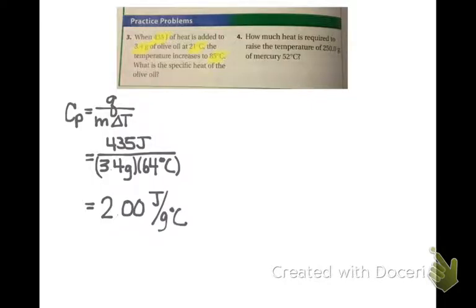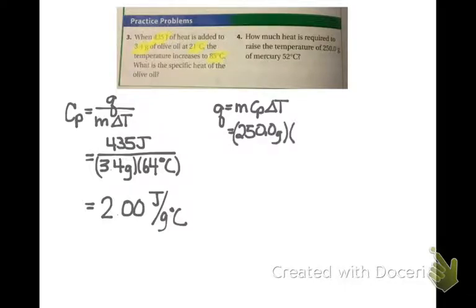Now number 4, it says how much heat is required to raise the temperature. So I'm looking for Q in this one. So Q equals mass times C sub P times the temperature change. And I'm going to plug in the things that I know. The mass is 250 grams.